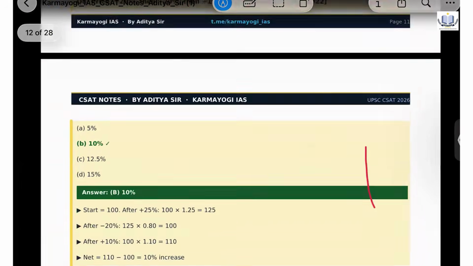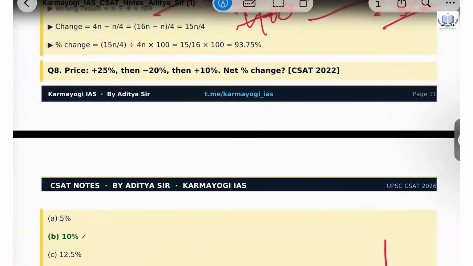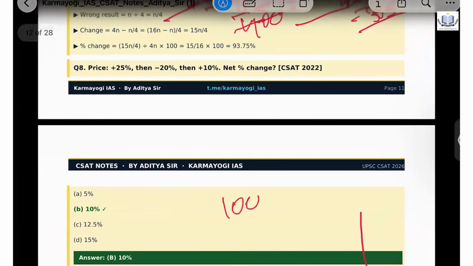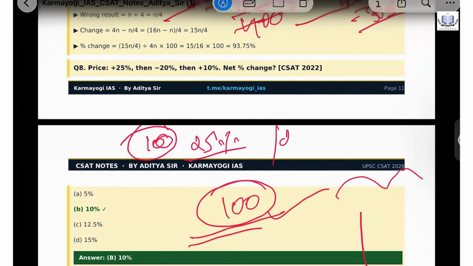ठीक है, तो ज्यादा शॉर्ट में हो गया. चलो लेट्स सी लाइक दिस. 100 रुपीज का कोई भी क्वेश्चन, इफ इट विल कम विद रिस्पेक्ट टू द परसेंटेज चेंज इन नंबर, कोई भी, like if the price increased by 25%, then we have 20% loss.